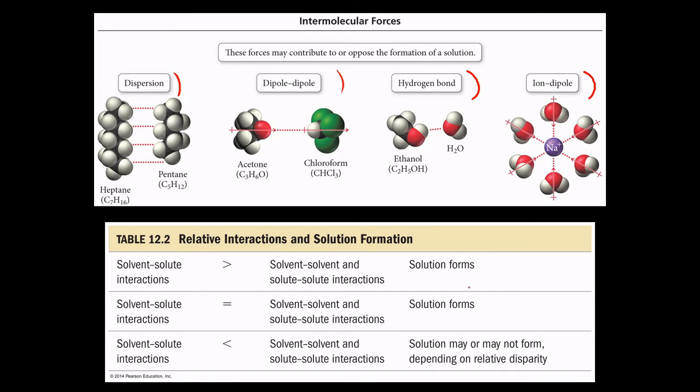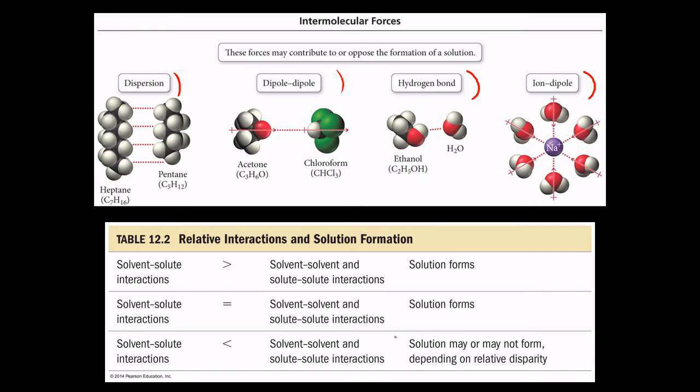Even though enthalpy is essentially saying, I don't really care one way or the other, entropy is still there saying, solution, solution, solution. Entropy is always wanting things to mix. And because entropy wants it to mix, and enthalpy doesn't really care, it's going to mix.